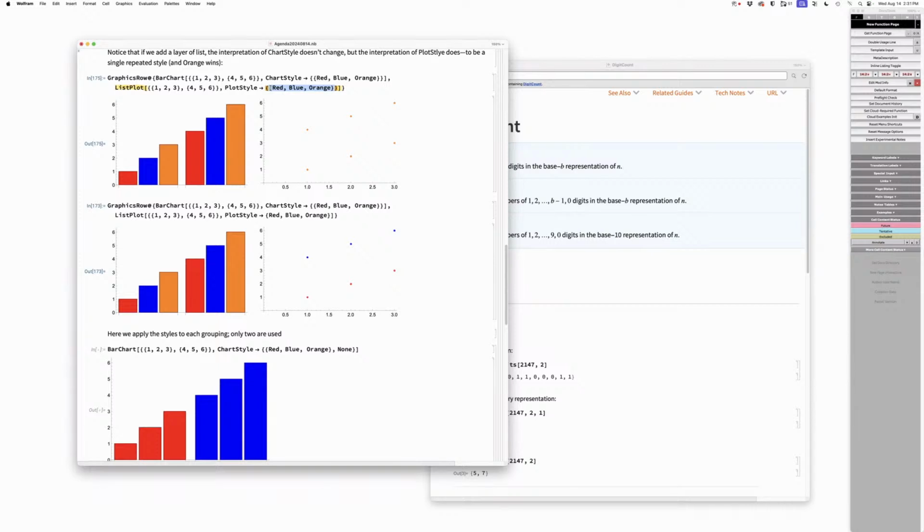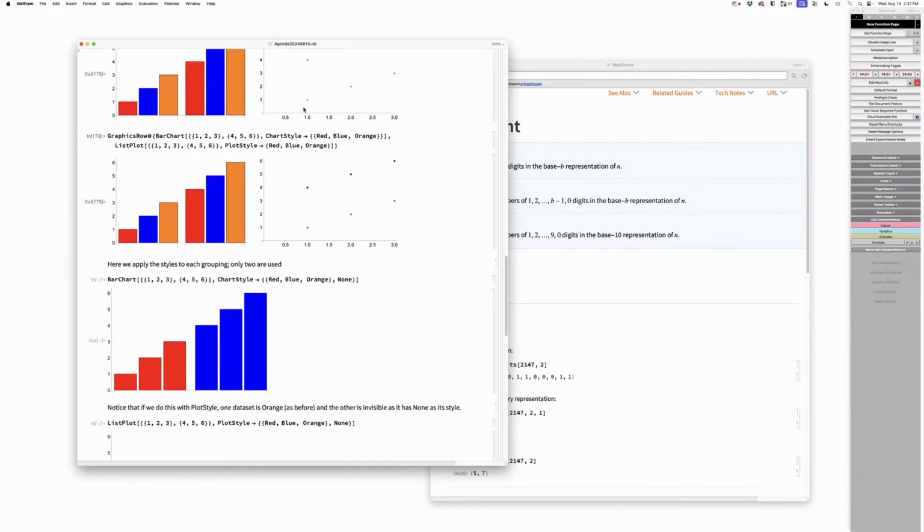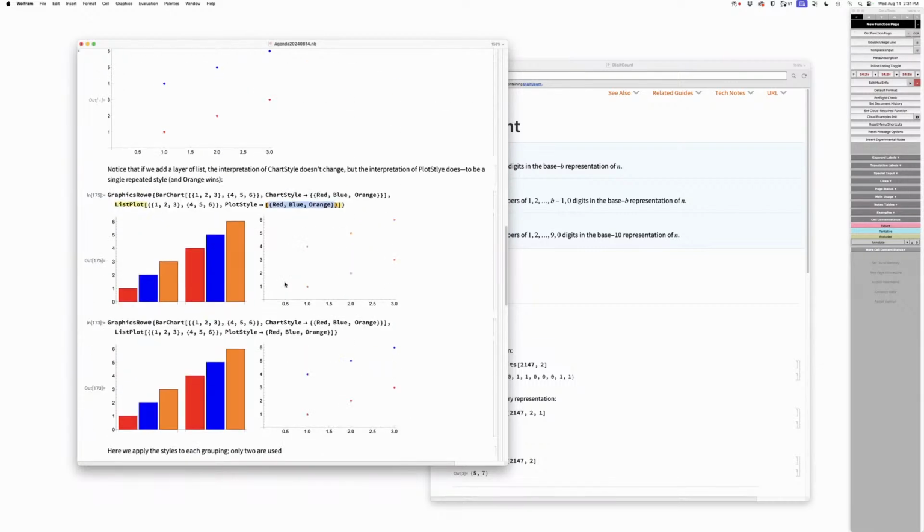Okay. So then if we go back down to the one where you only see the red and blue bars, there we have red, blue, orange, and none. So we don't have anything for individual points, but we have something for each group. And so how does it know that? Because there's a none.